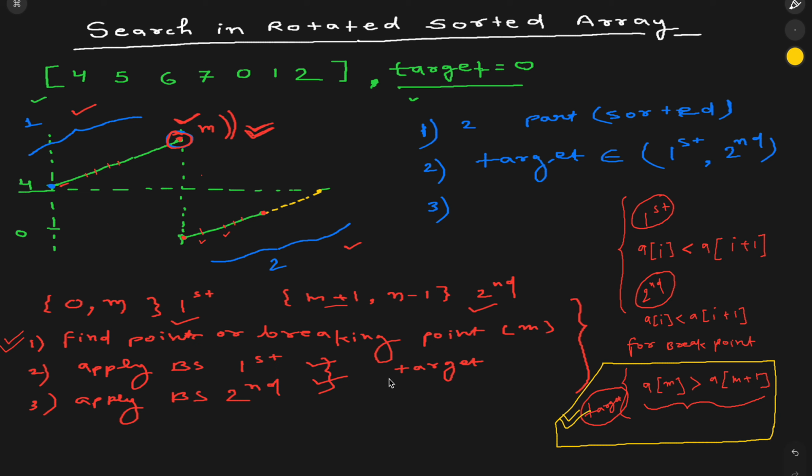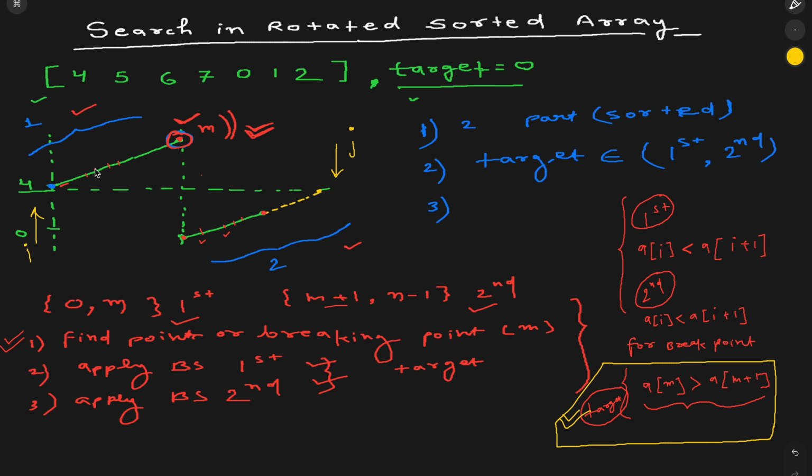And the second point: in binary search in general, we check the element against the target, and if that element is less than the target, it means we can ignore all the elements before it. So for this case, how can we ignore? In binary search we take two boundary pointers i and j, and with m we find the middle point.